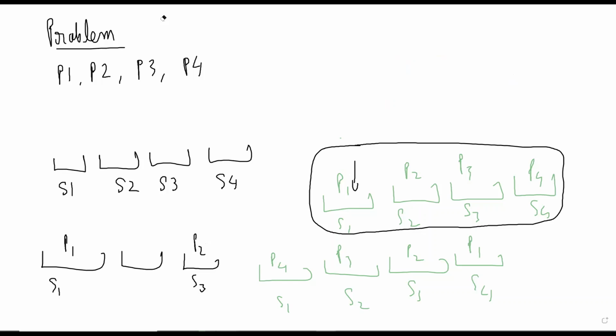When you say the case in which person 1 sits in seat 1, seat 2, seat 3, seat 4, you're taking 4 answers. But even this first answer has more possibilities.